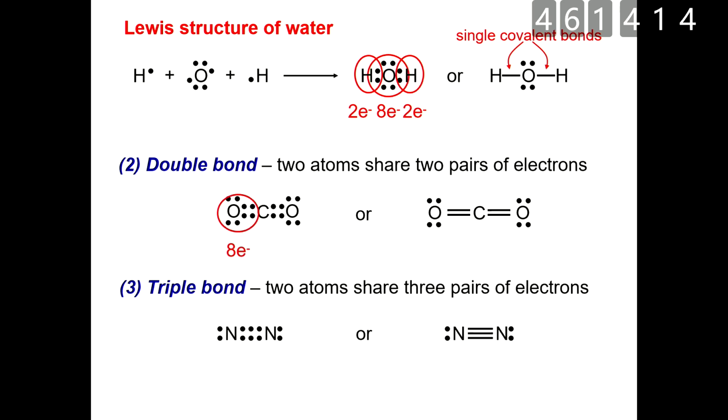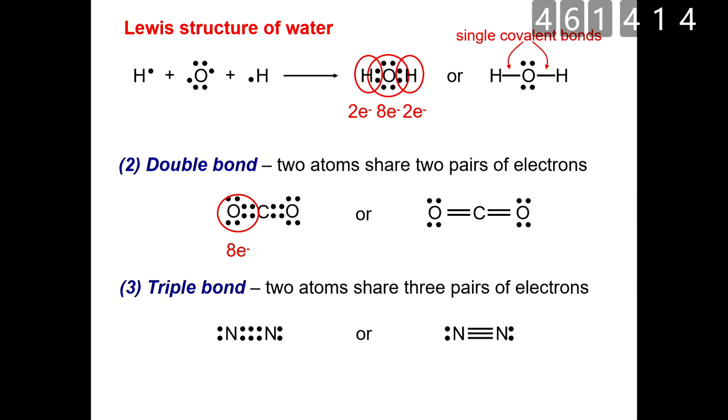So here we can see basically the oxygen has six electrons, and this oxygen has 6 electrons, and the carbon has 4 valence electrons.